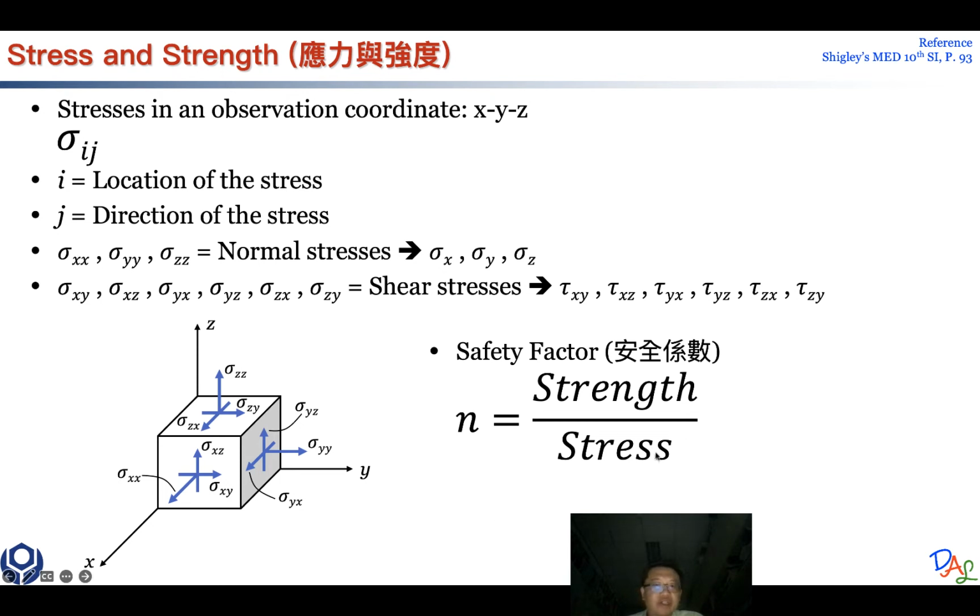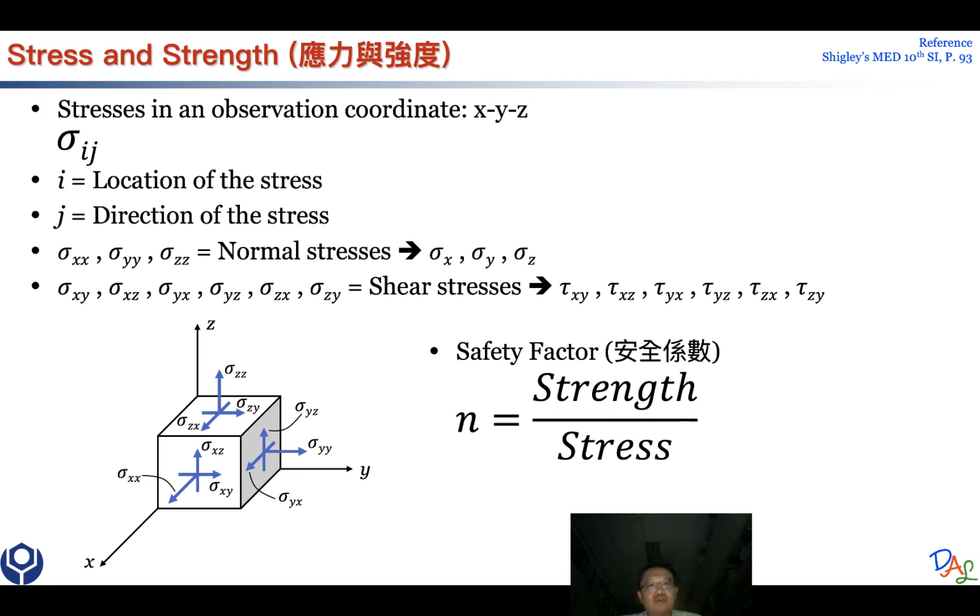So if this is the case, you will have greater stress than your strength, so your safety factor N will be less than 1. If you have N equal to 1 exactly, that means your design just meets the limit of the material.